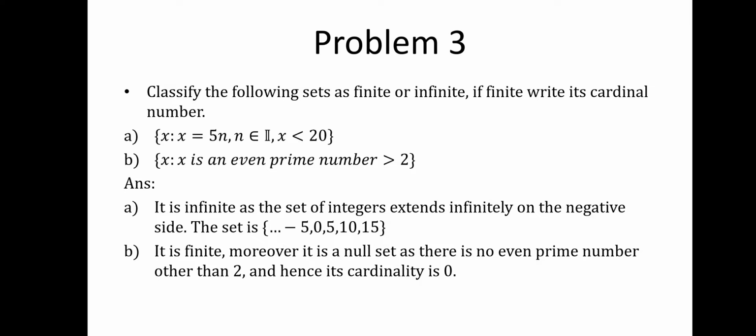Now obviously we know there is only one even prime number, and that is 2. There is no other prime number which is even. So except 2, all the prime numbers are odd, and therefore this set doesn't contain any element. So it is definitely finite. It is rather an empty set, and hence its cardinality is 0.